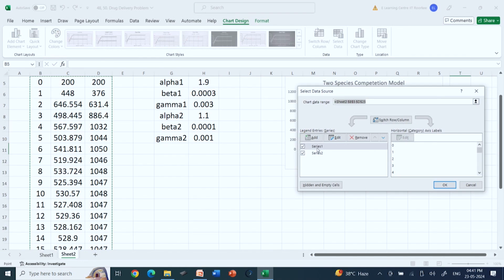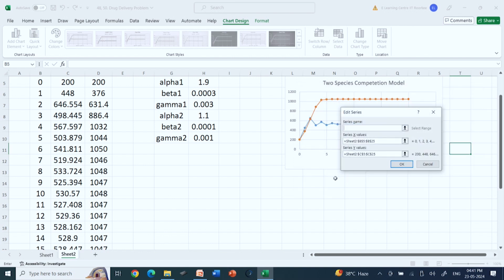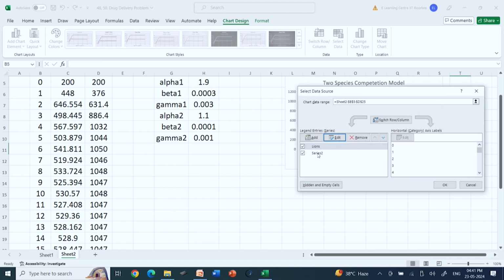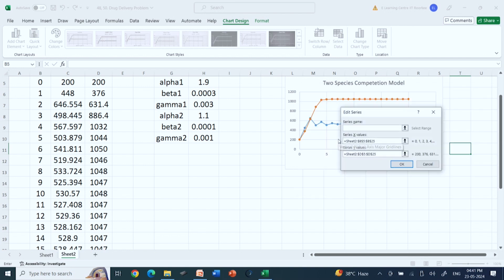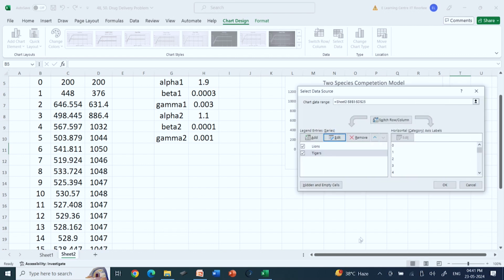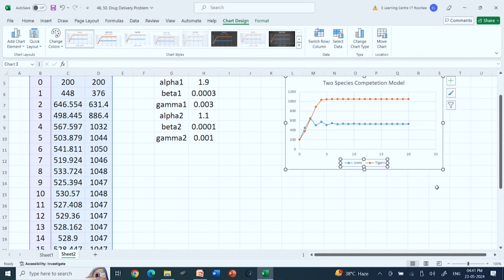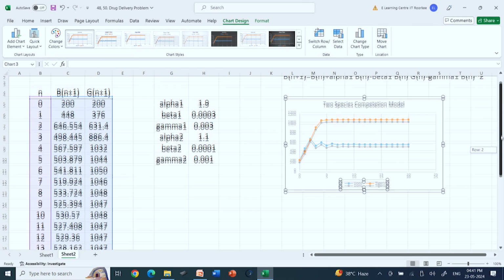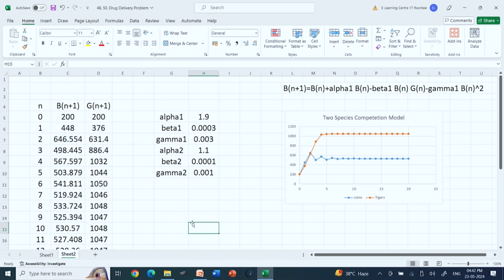Select it, go to series 1, edit, series 1 is lions and series 2 is tigers. From the graph you observe that for this particular set of parameters, both the species survive, though they have a competition between them.